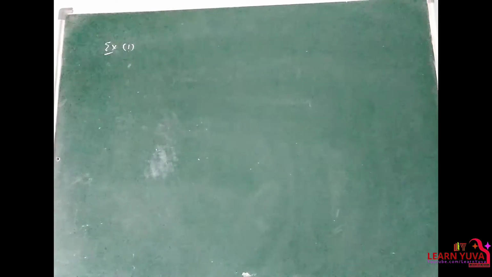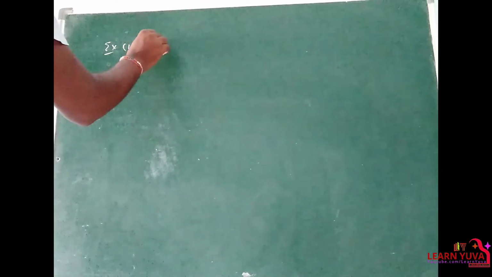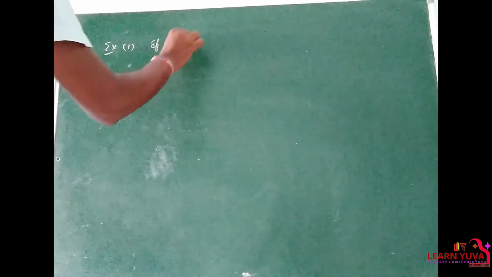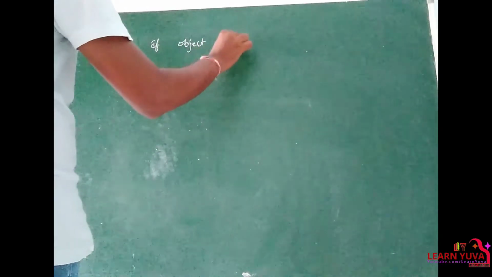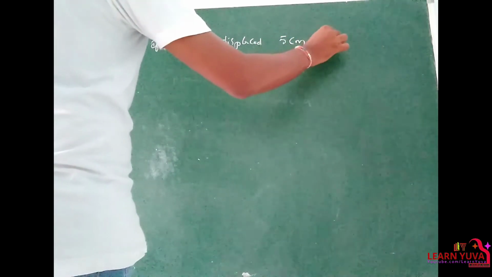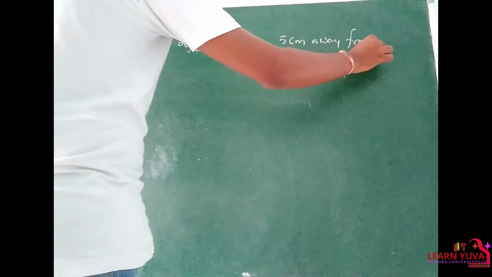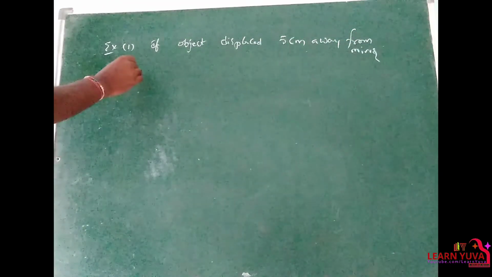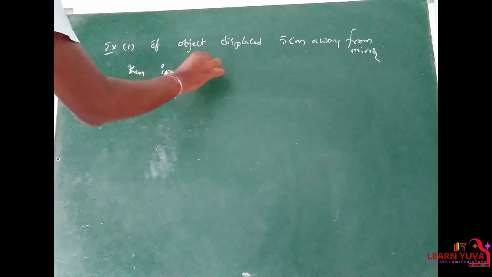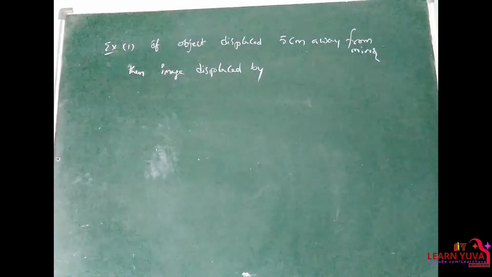If an object is displaced 5 centimeters away from the mirror, then the image is displaced by how much?